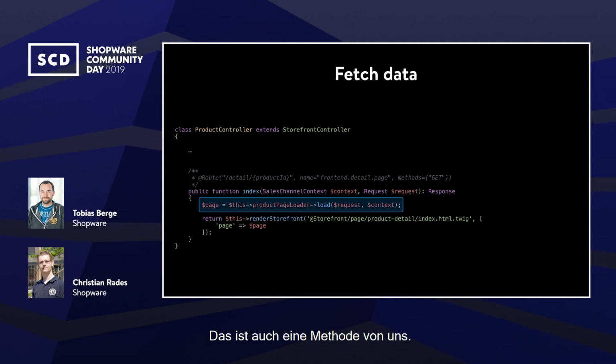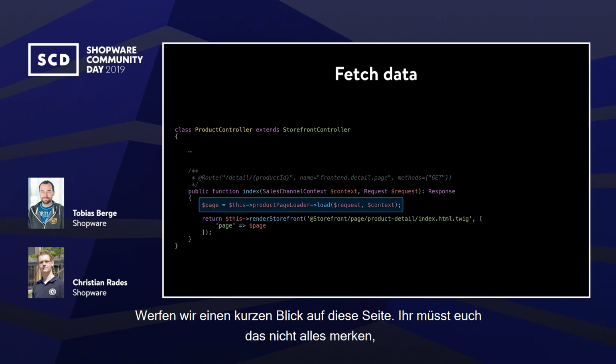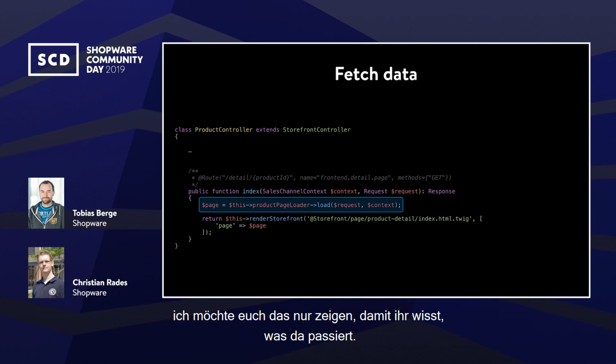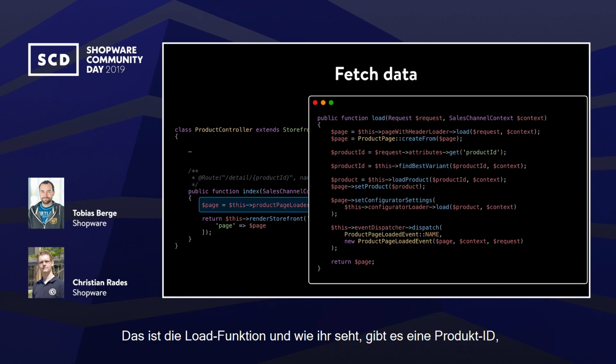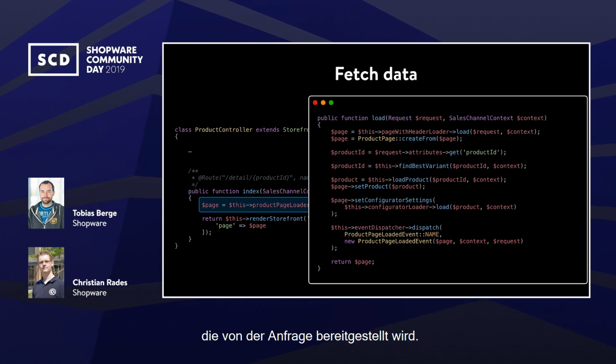a method from us. If we take a look inside this page, you don't have to keep this all in mind. I just briefly want to show you what's happening there. This is the load function, and as you can see, there is a product ID which is provided from the request.